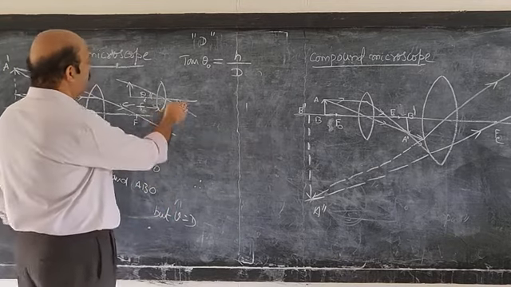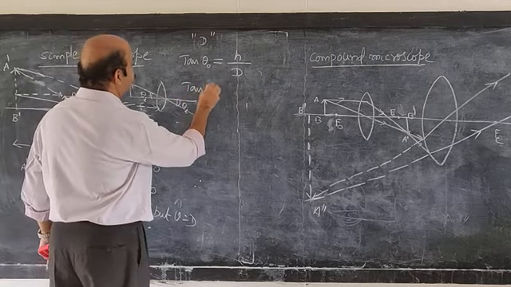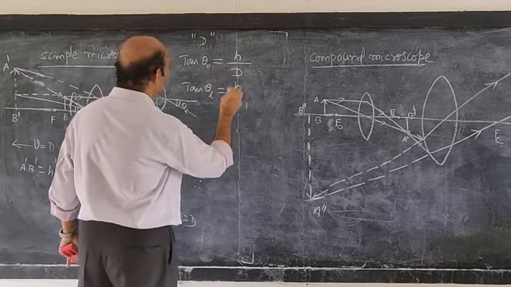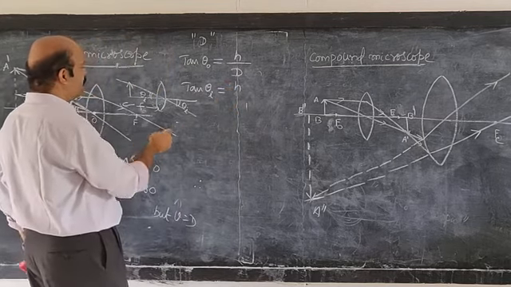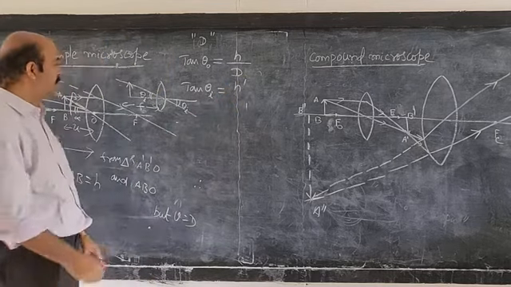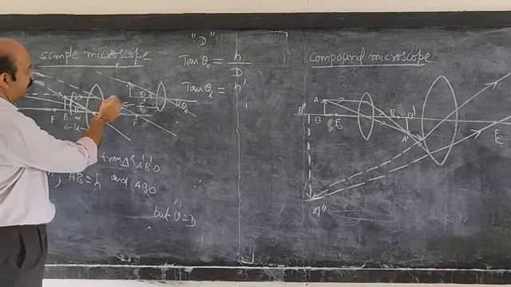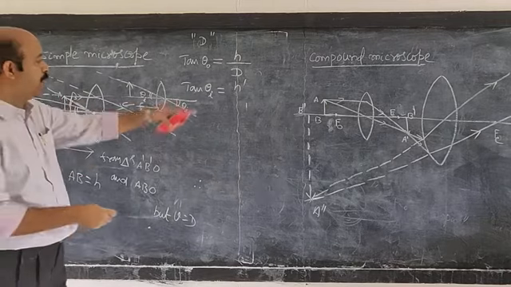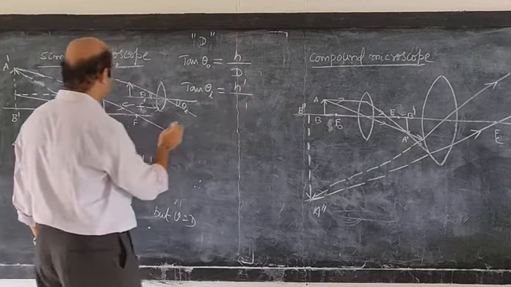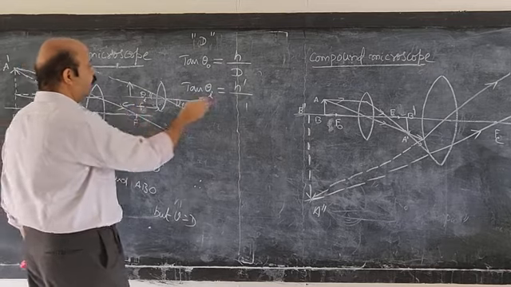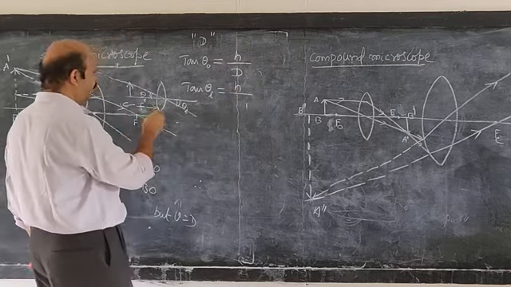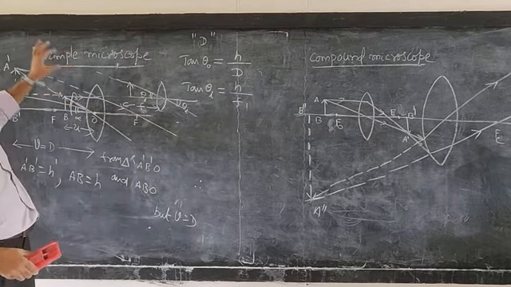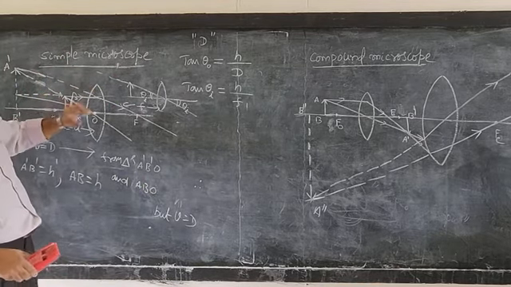Therefore, in this case, tangent of theta i can be written as follows. Let us suppose you take the image somewhere here. The vertical length of the image divided by the distance is equal to this. Therefore, you can put h by f, because you cannot measure the image, as it is a virtual image.